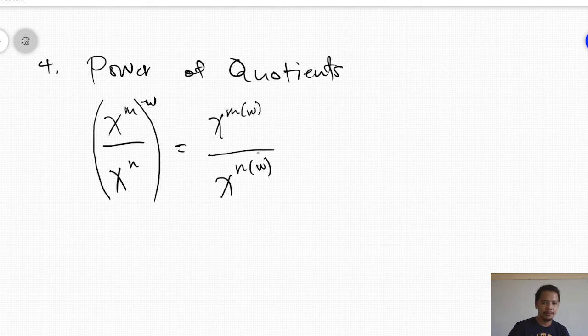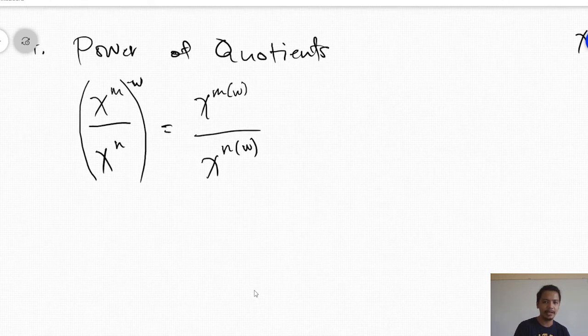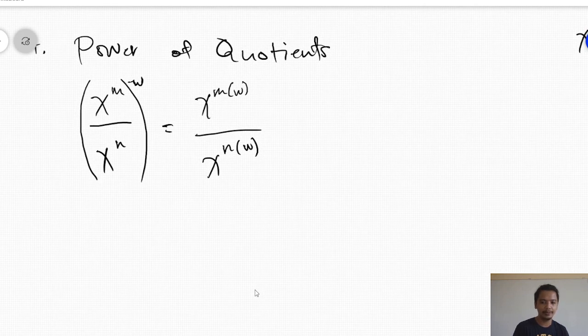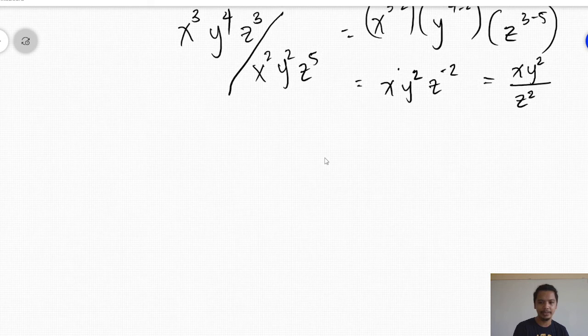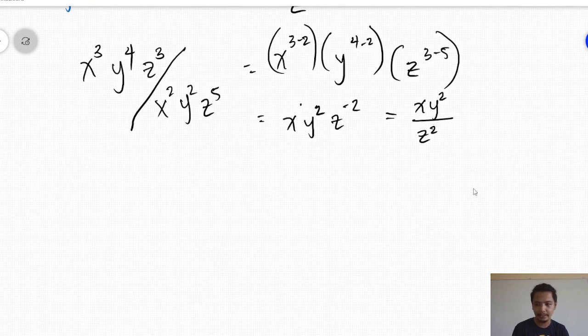So, pwede yung mangyari sa lahat ng pagkakataon na kahit magkakaiba yung mga powers natin. Halimbawa, yung final answer natin kanina, meron tayong magkakaibang variables.